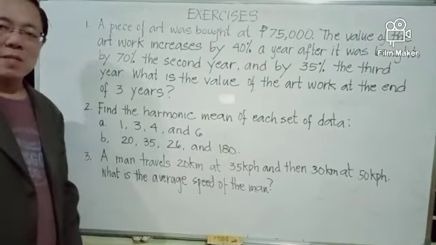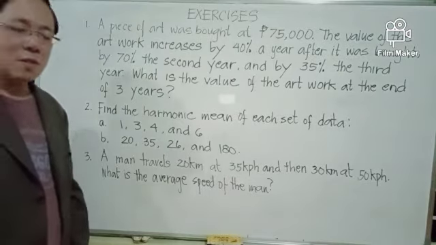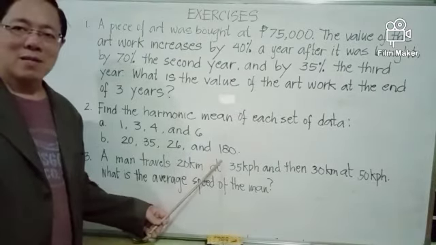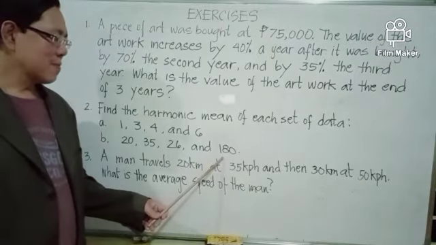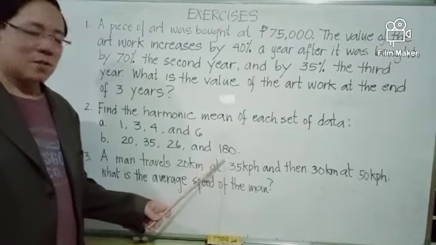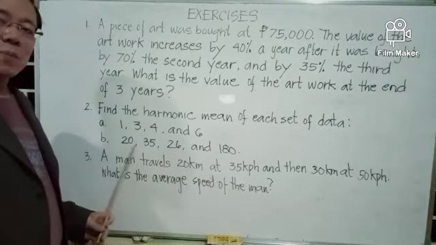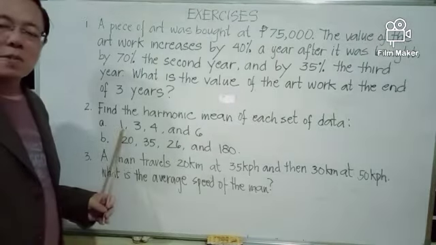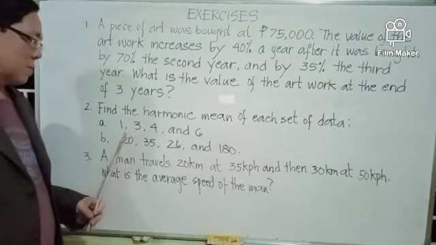Both sets of data have the same number of values, but in letter B, one of the values is an outlier, which means that it is extremely large compared with the other 3 values, and you will use harmonic mean for number 2.